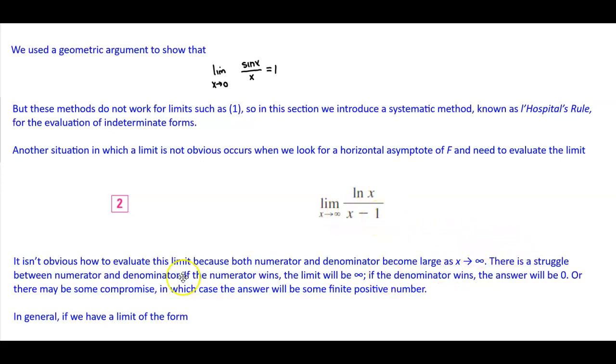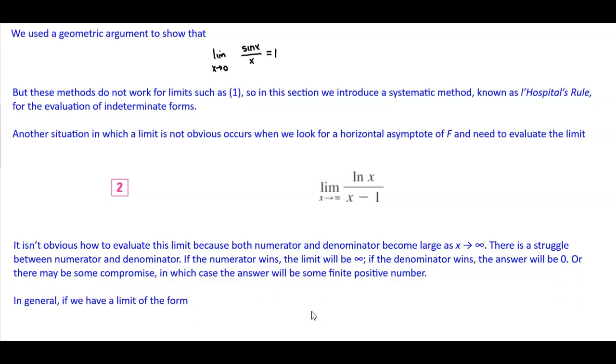So there is a struggle between the numerator and the denominator. If the numerator wins, the limit will be infinity. If the denominator wins, then the answer will be 0. Or there may be some compromise, in which case the answer will be some finite positive number.